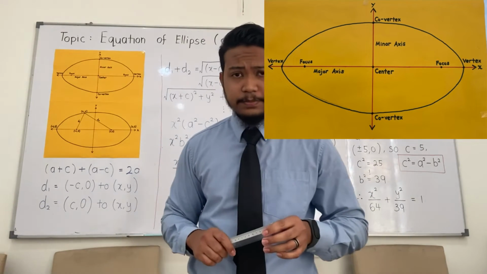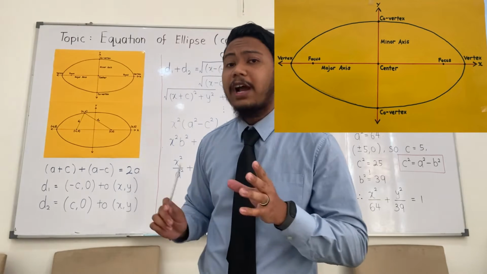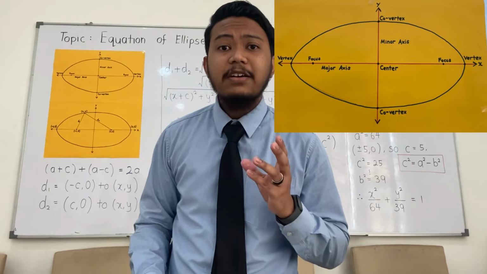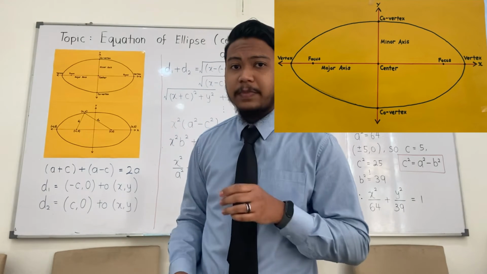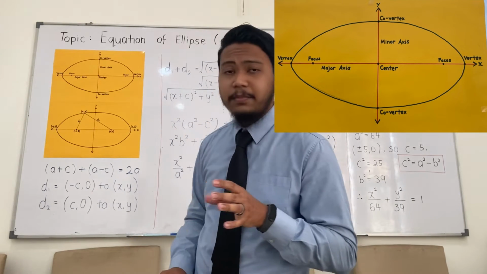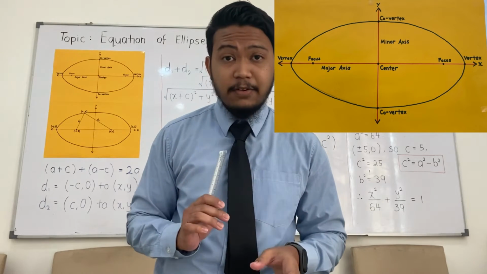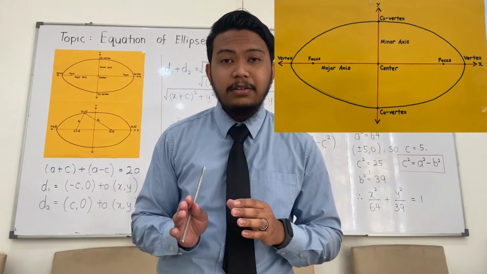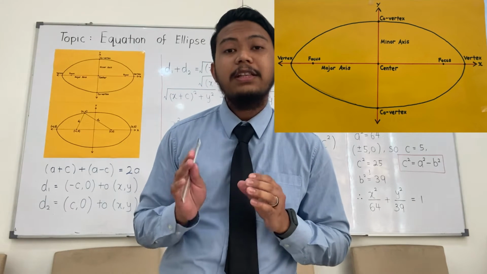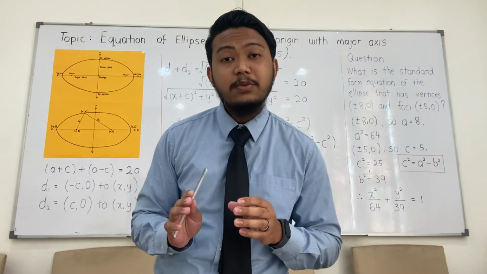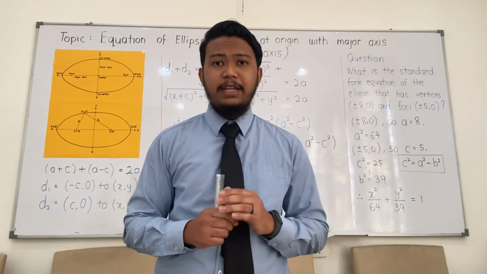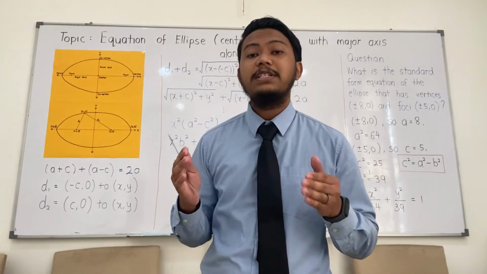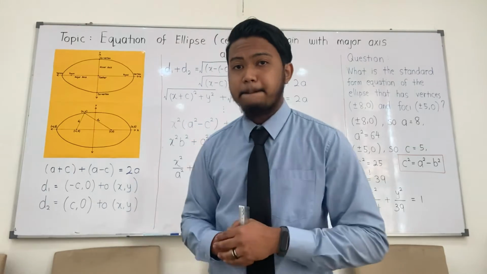And lastly, the foci always lie on the major axis, and the sum of the distance from foci to any point on the ellipse is greater than the distance between foci. Next we move to how to derive the equation for an ellipse.